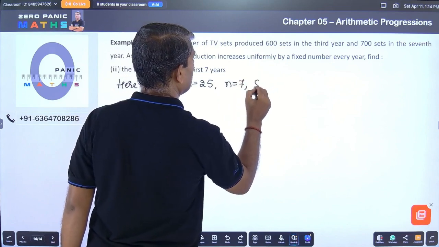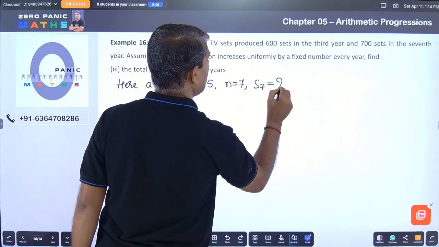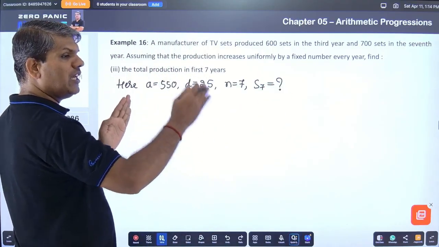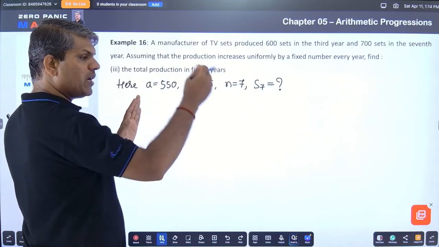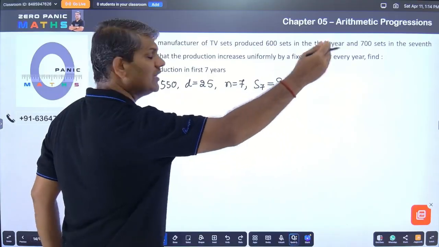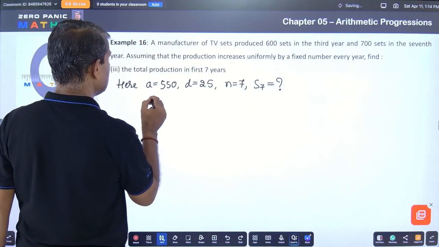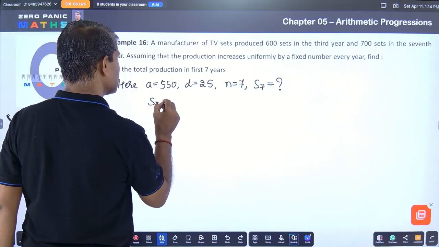They want the sum of the production: first year plus second year plus third year, till the 7th year. That is what S7 is.